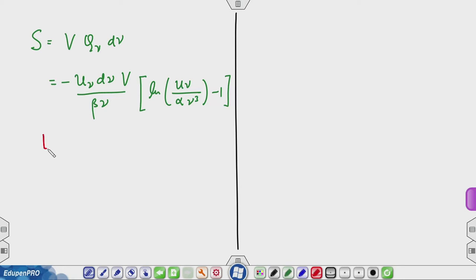Now, the energy E in this range between nu and nu plus d nu is u nu d nu V.